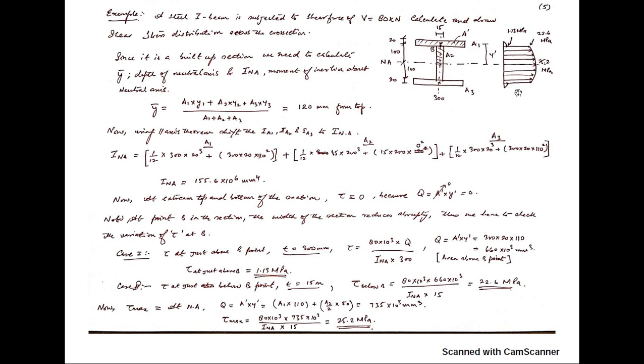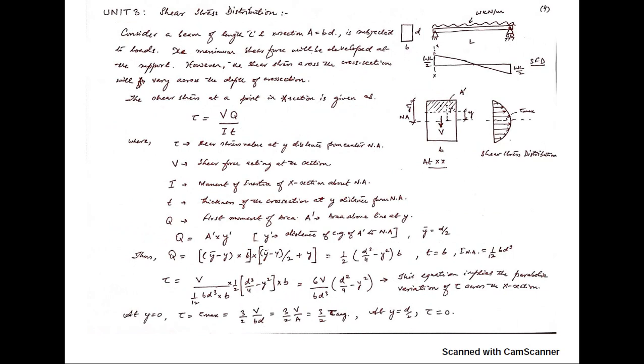But this will be different in the case of unsymmetric sections. You can go and do examples in the book. Just go through the examples and follow the steps, and if you follow the steps, you won't make any mistakes. So that's it for the transverse shear.